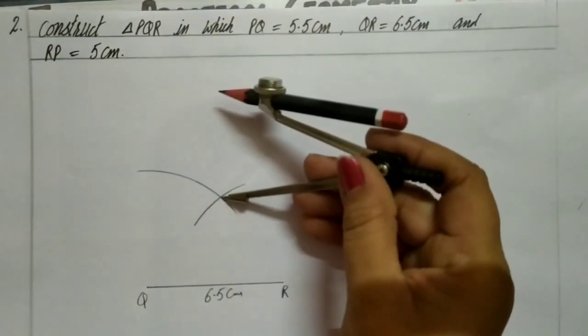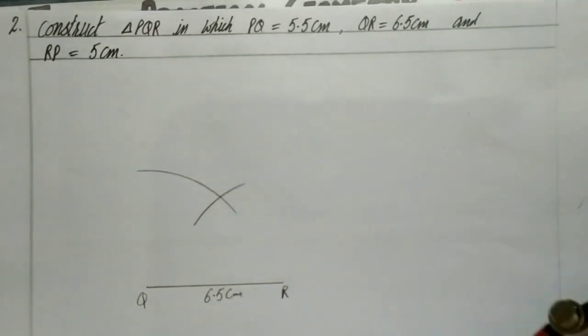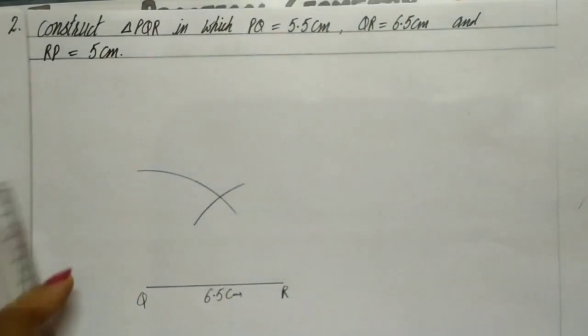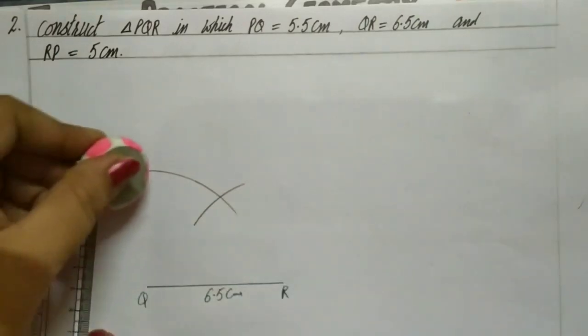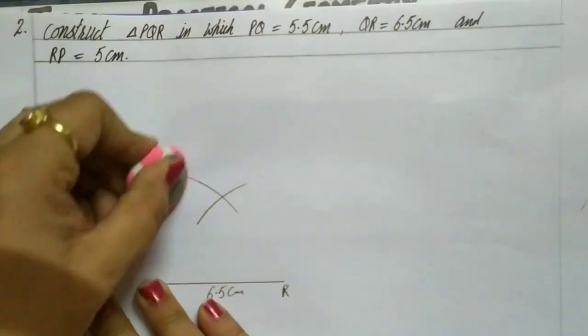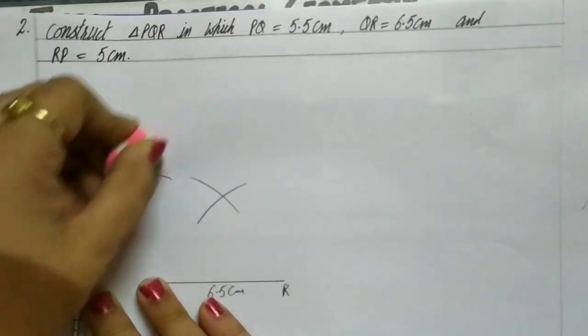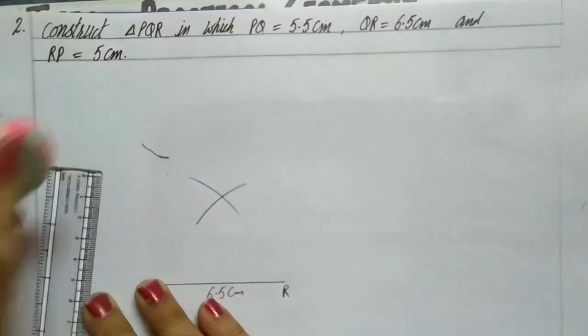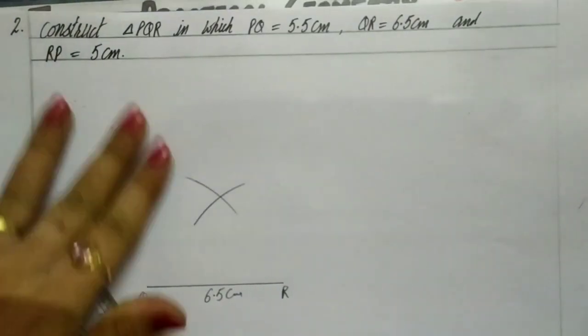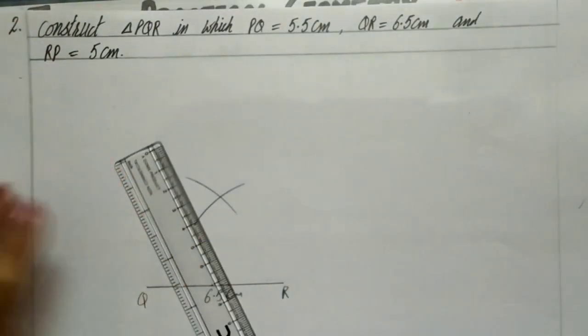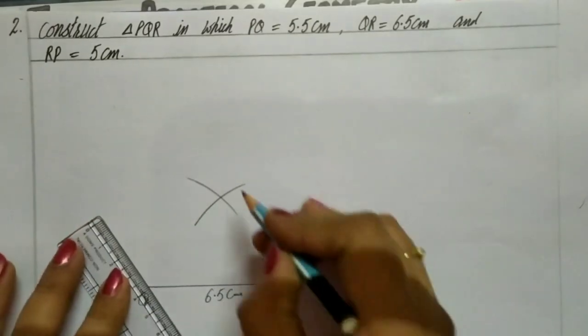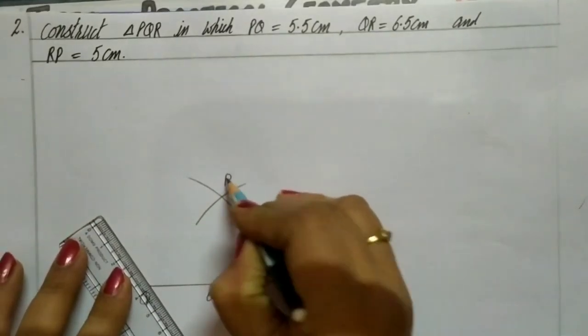Again, make a hole over here at the point of intersection and you can erase the rest of the part of the arc which is not required. Now join Q and R with this third point, that is point P.